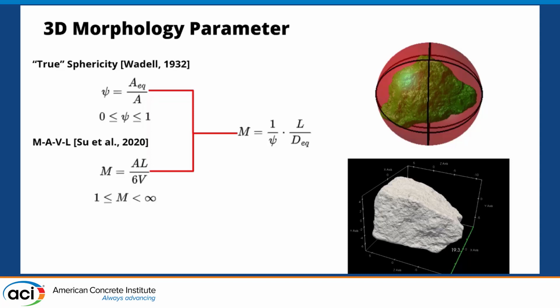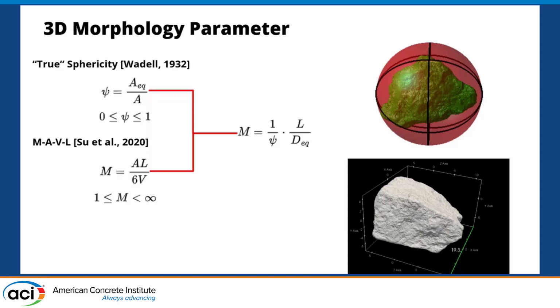So we proposed the Marvel parameter. The name itself is somehow disliked by the reviewers. But anyway, that is just nothing but you can measure the surface area and you can measure whatever characteristic length and divide by 6V, then it's going to give you some kind of value that's going to be used for the morphology. So that is actually our idea.